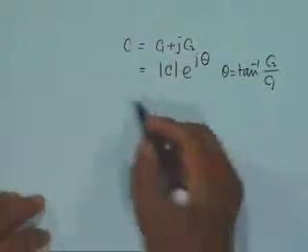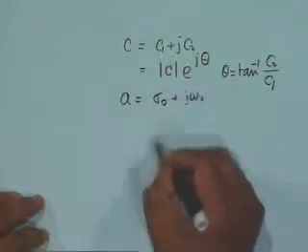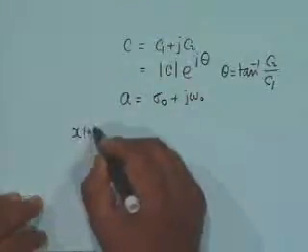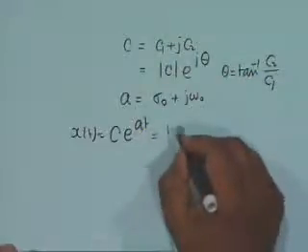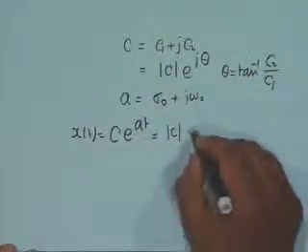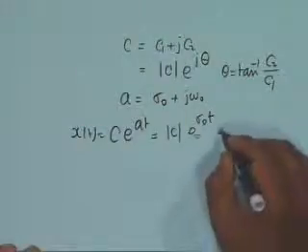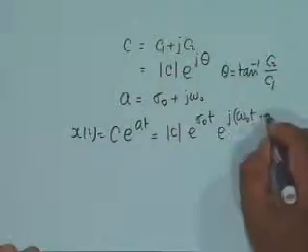Alright, this is C, and let's say A is sigma 0 plus j omega 0. Then you can write the signal x of t, which is C e to the power at, as mod C e to the power sigma 0 t e to the power j omega 0 t plus theta.